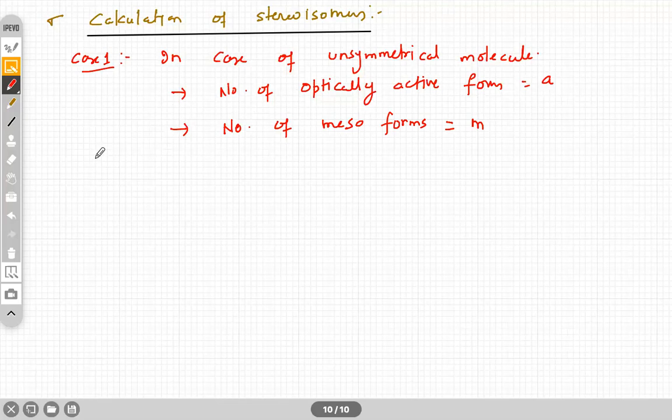Okay. So the total number of optical isomers is equal to the number of active forms plus the number of inactive forms. These are the structures we can draw.